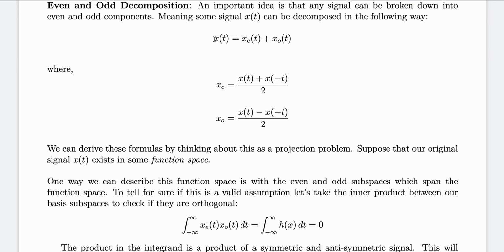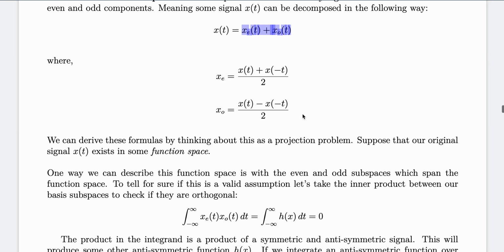When I saw this x of t is equal to x of e plus x of o, I thought about this as a projection problem where we can think about x of e and x of o forming some basis of some function space where our signal lives. So we can think about this as being some linear combination of these two basis subspaces, if you will.